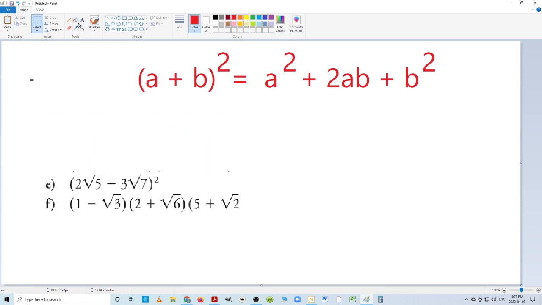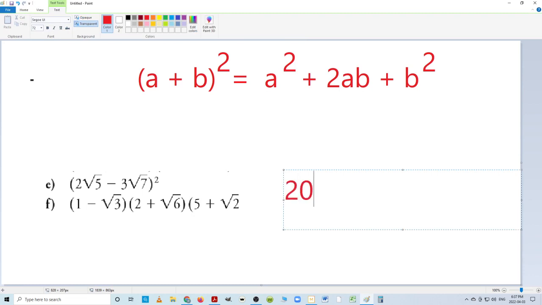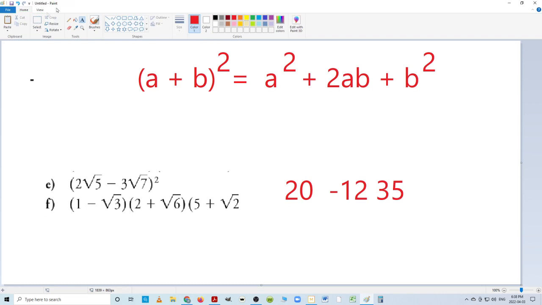Using the binomial theory of this, the first term squared is going to be 4 times 5, 20. The two terms multiplied, so I get 2 times 3 is minus 12. And then I don't have to multiply the internal ones times 2 because I only have to multiply one of them. So I get square root of 35. And you should always check to see if that can be simplified, which it can't.